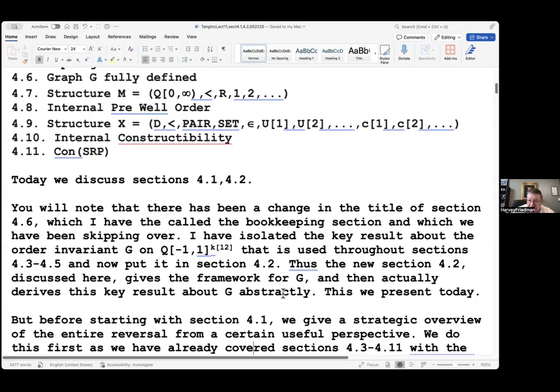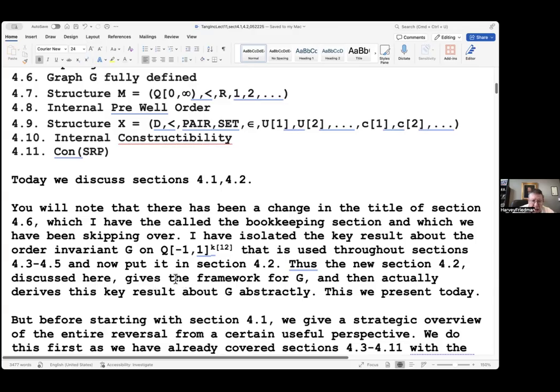In other words, today we're going to talk about that key thing. And then section 4.6 merely has to present the formal definition of the graph, which I don't want to put early in because it's just a mess. It's a lot of clauses, you see.